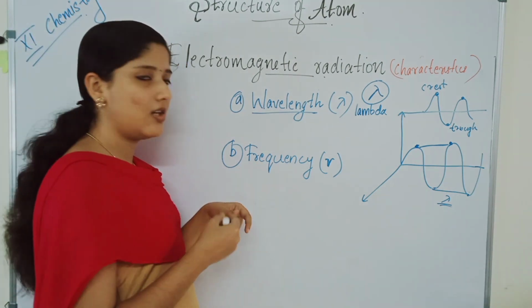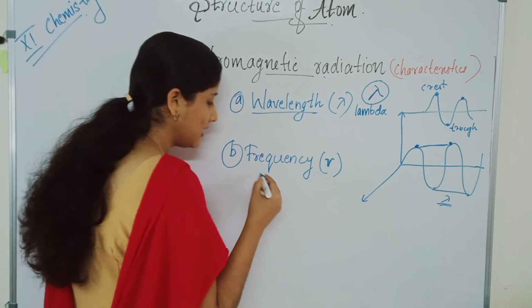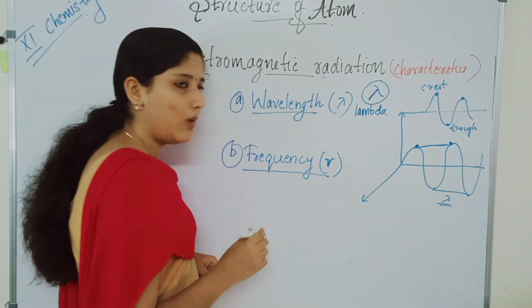The next characteristic of electromagnetic radiation is frequency.